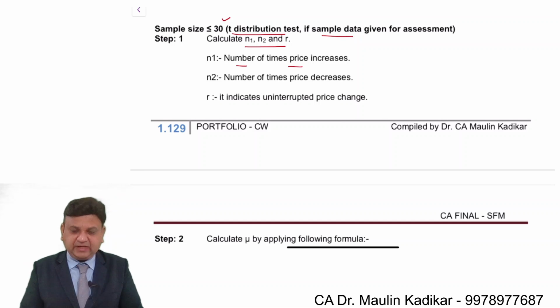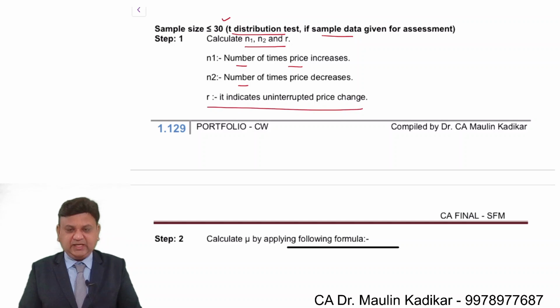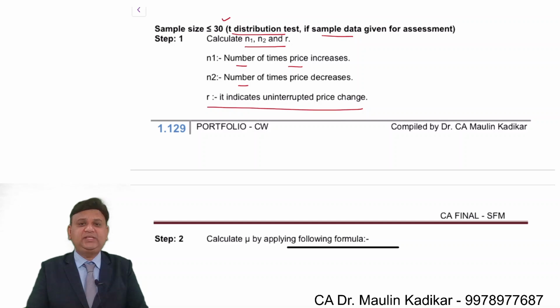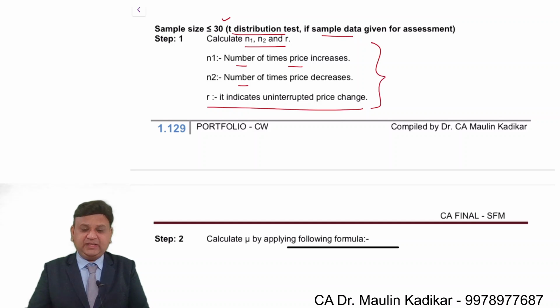It is the number of times the price increases. What is N2? The number of times the price decreases. And what is R? It is the uninterrupted sequence of the price change. Whatever working we have done recently, that is what we are required to do.